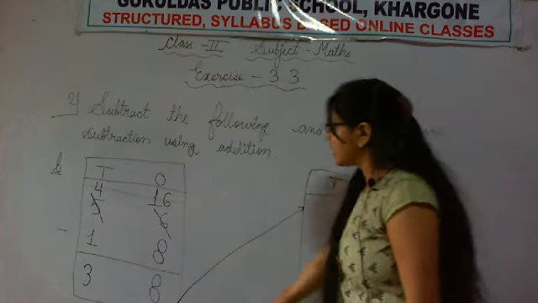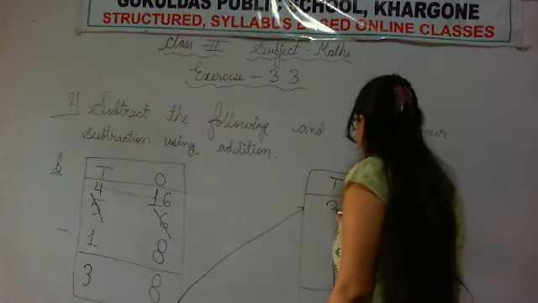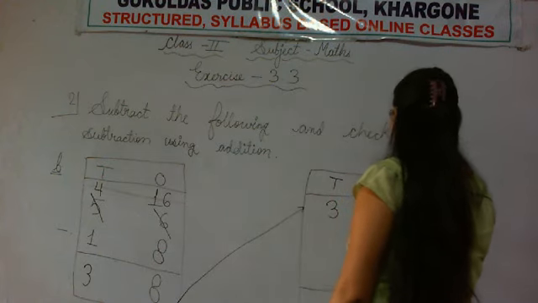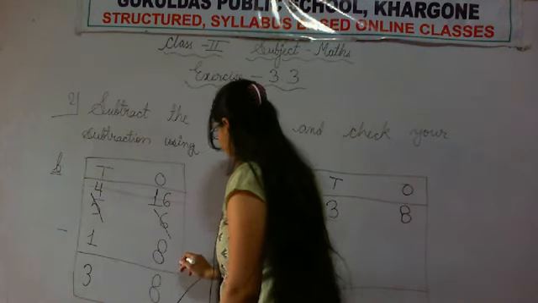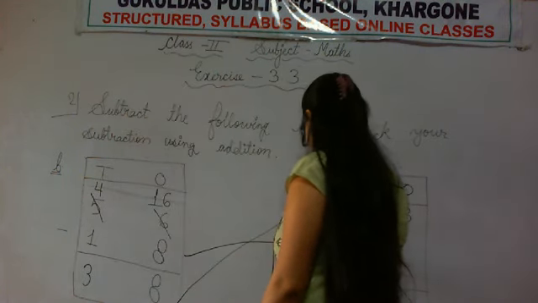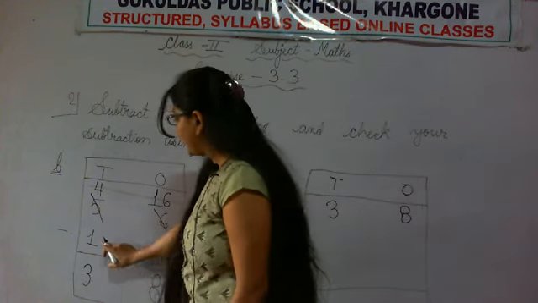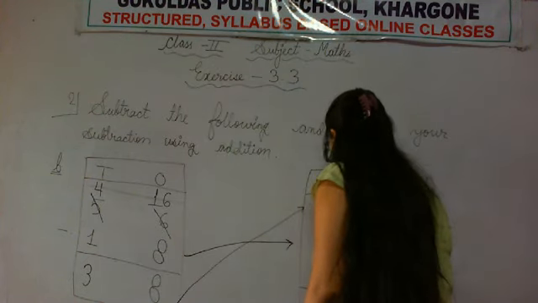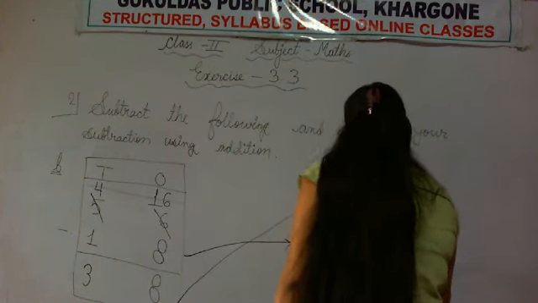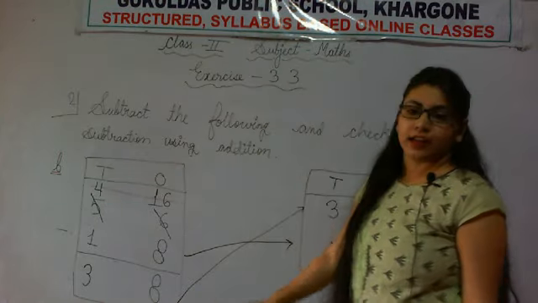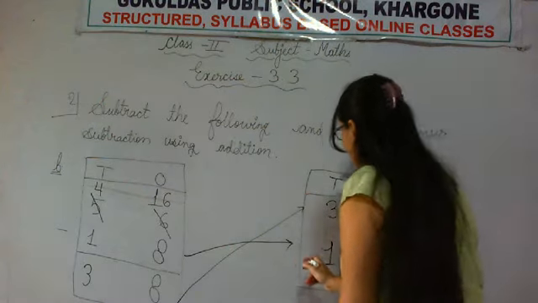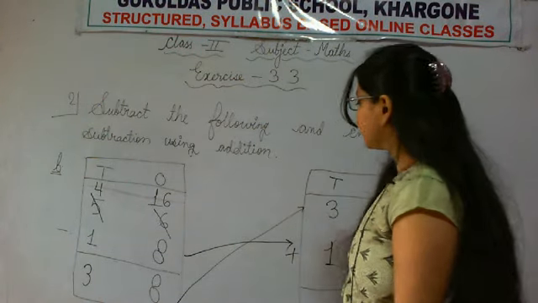So let's write 38, tens below tens, ones below ones. Now we write the subtrahend as the second term. 18 was the subtrahend, so let's write 18 too. Here it says, check your subtraction using addition, so we'll put the plus sign.